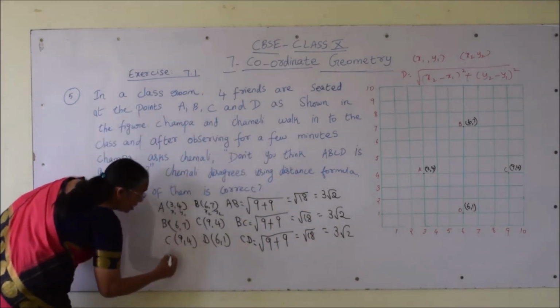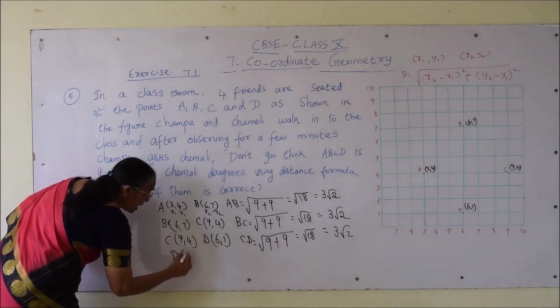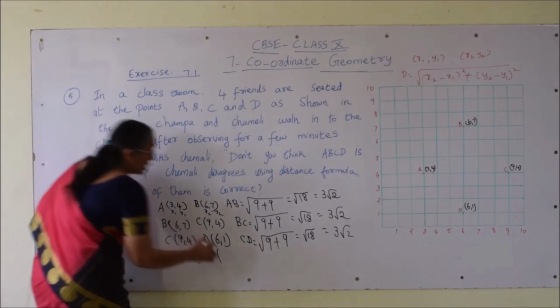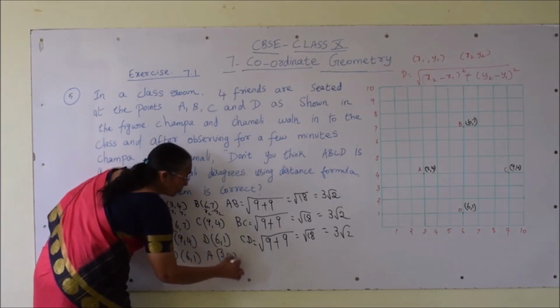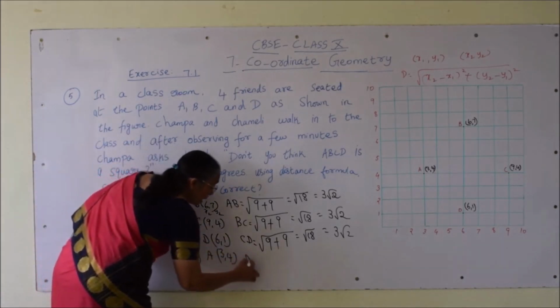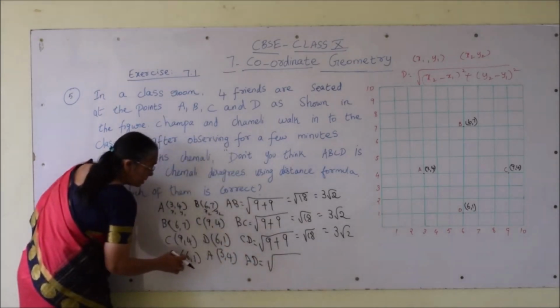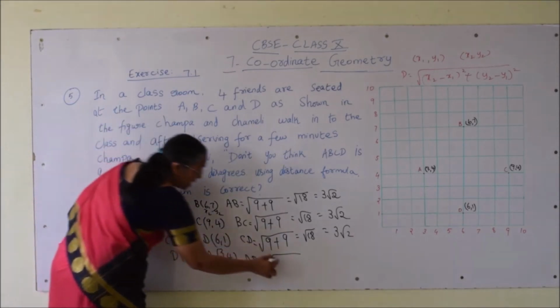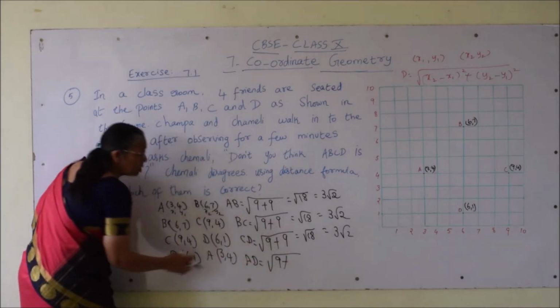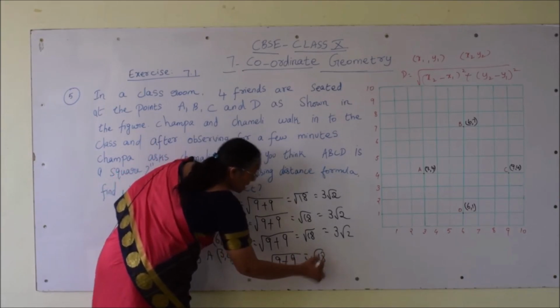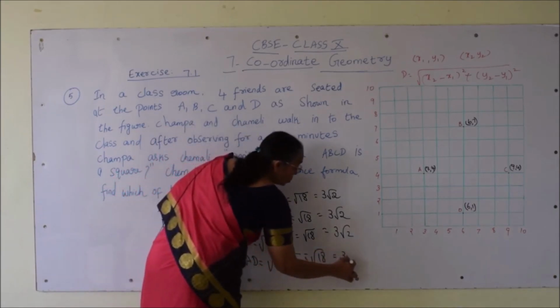Now, finally, distance between D and A, D is 6, 1 and A point 3, 4. So, distance DA, 3 minus 6, minus 3 whole square 9, plus 4 minus 1, 3 whole square 9, again root 18 which is 3 root 2.